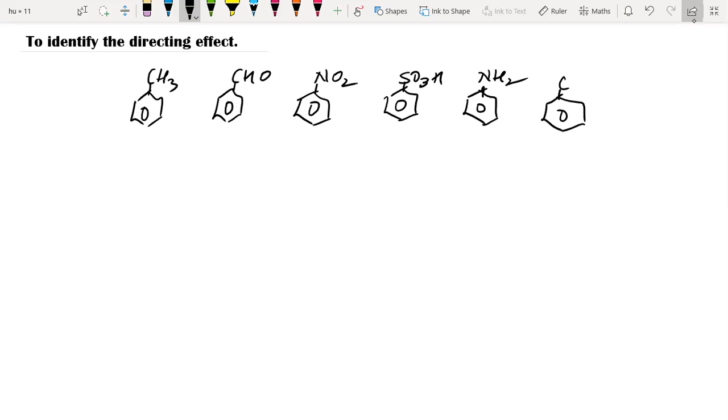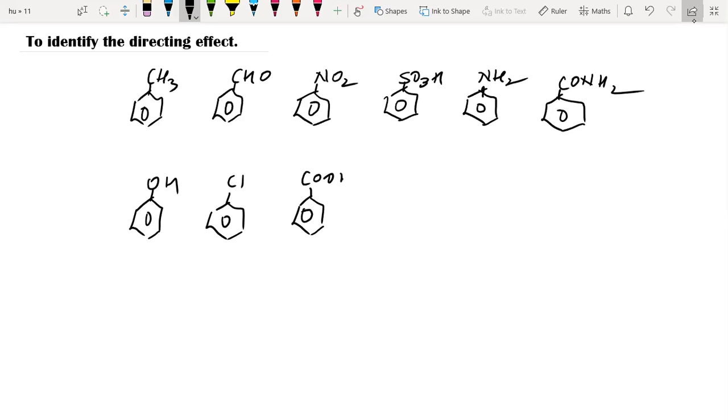Suppose we have benzamide, and I'll even write phenol here, and say this is chlorobenzene, and some structures like aldehyde we did. We'll write benzoic acid, or benzoyl chloride.